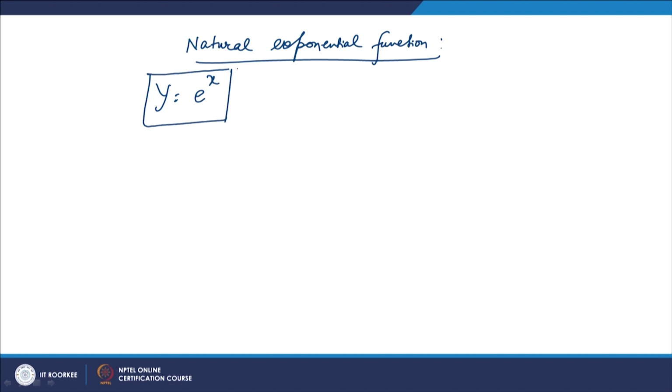This is the natural base, and its value is fixed, 2.718 and so on. We know that the value of e is defined as the limit of x tending to infinity of 1 plus 1 by x raised to the power x. That way you define the value of e.